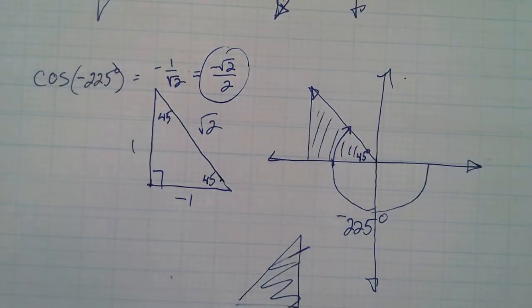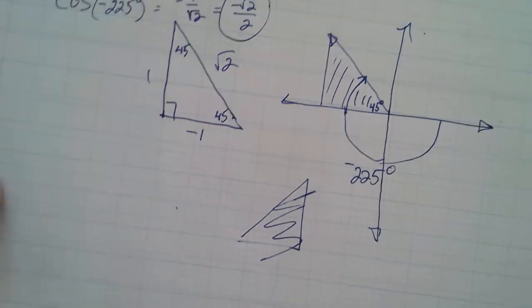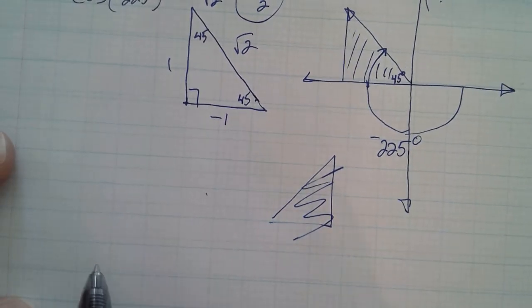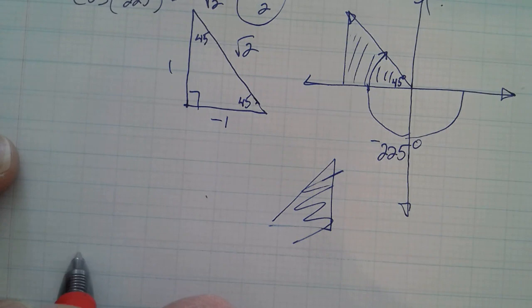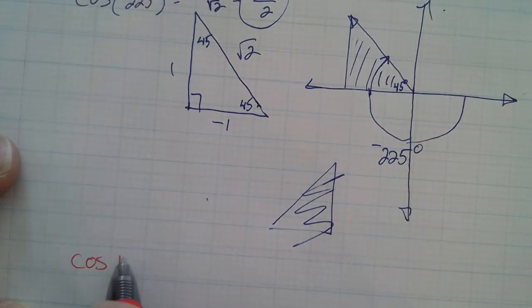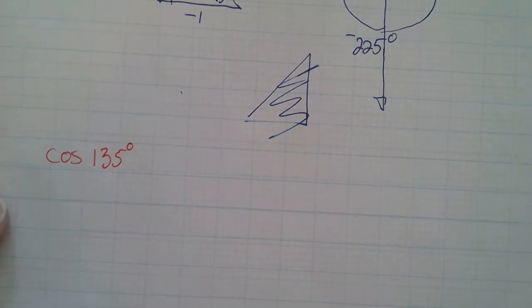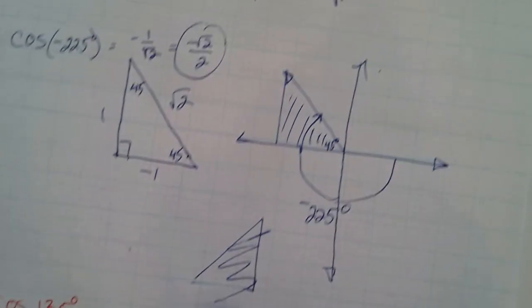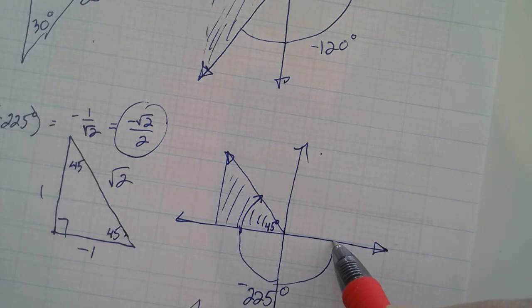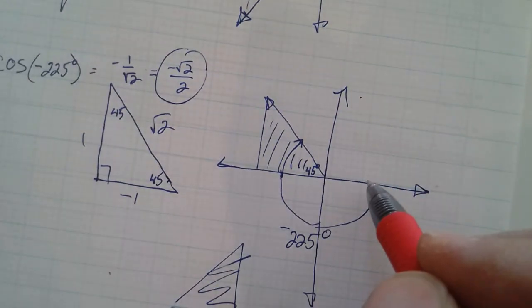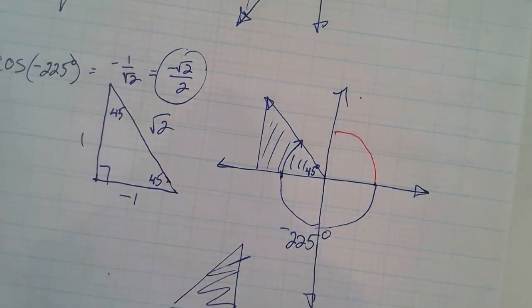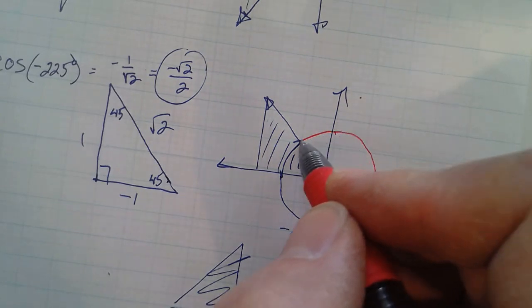All right, just to tie it all together, what if I asked you what is the cosine of 135 degrees? 135 is positive, so we're going to go 90 degrees plus 45, which is right here.